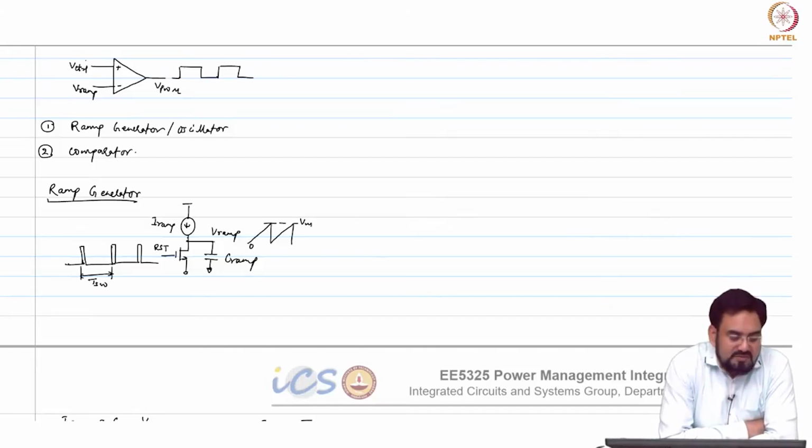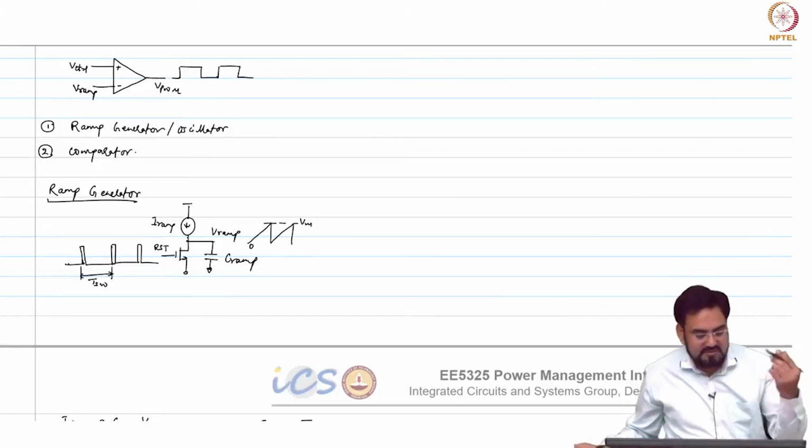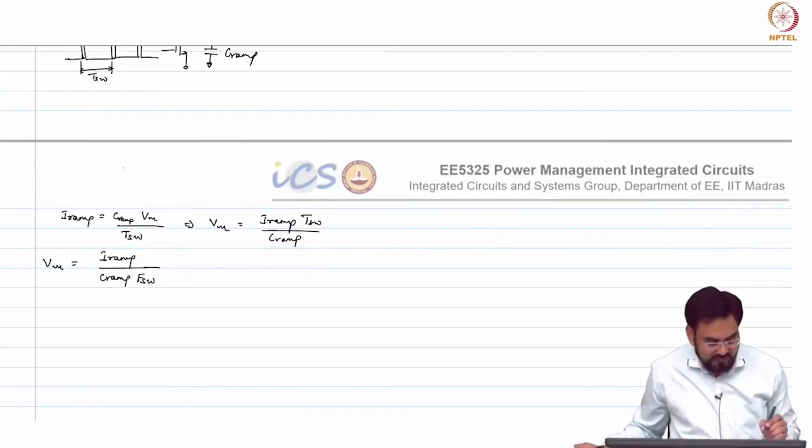Make sure that whatever the parasitics are at the VRAM node, they should be a very small portion of the actual cap you are putting, and that's why we choose the order of picofarad, 1 to 10 picofarad. 10 picofarad is on the much larger side, but 1 picofarad should be okay. Based on that you choose the current.